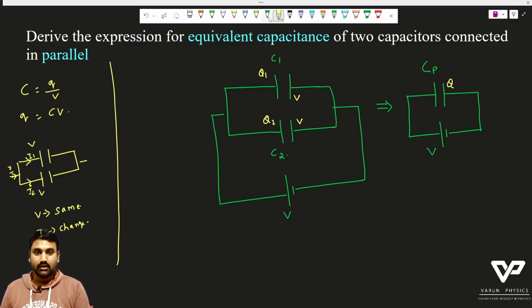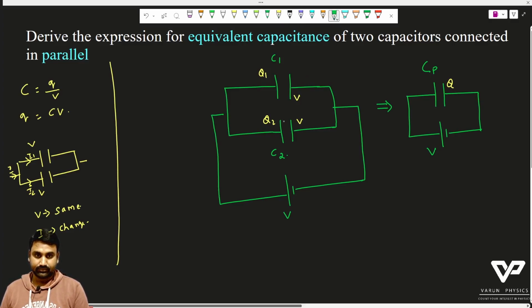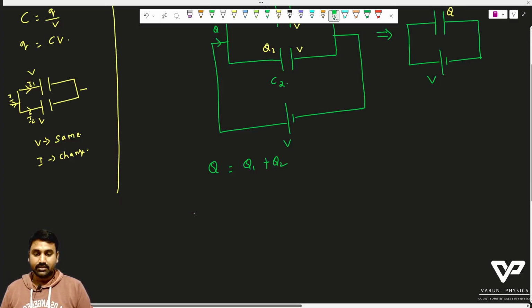Okay, so if you start deriving these things, we know that total charge should be whatever the charge entering. If the charge entering is Q, then total charge Q is equal to Q1 plus Q2. Therefore, Q is nothing but total charge, that is nothing but total capacitance into total potential.